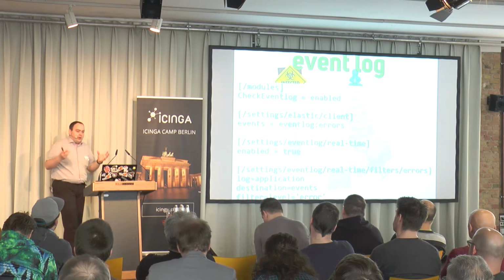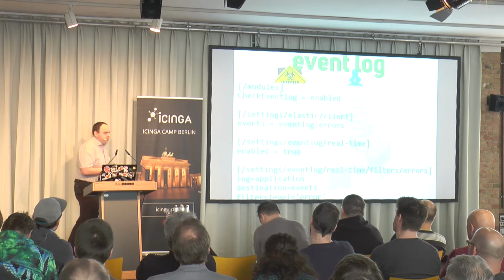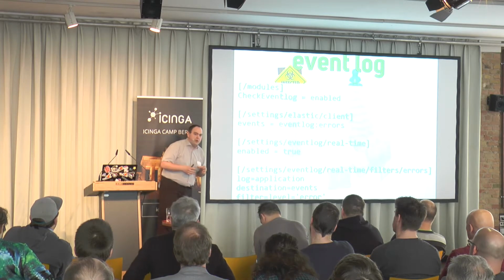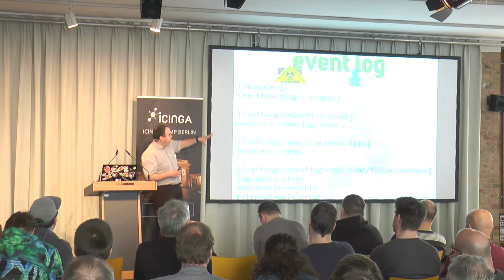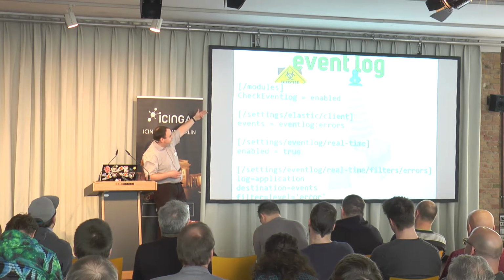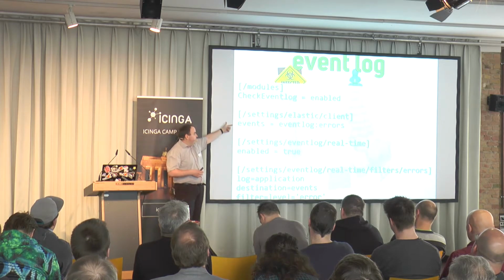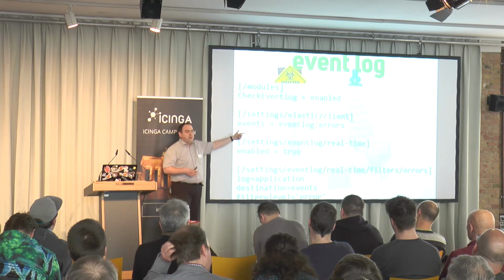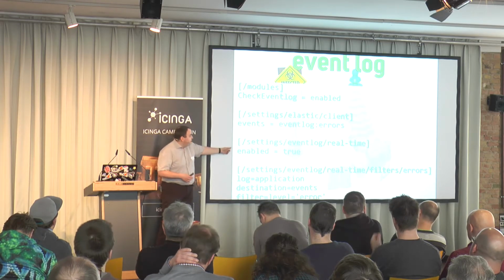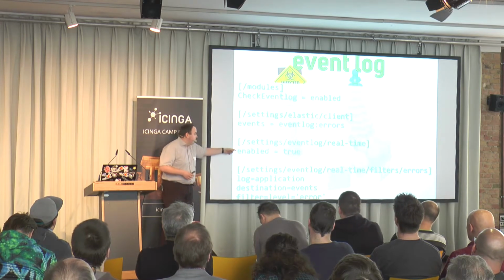In this case, we're going to have a little bit more configuration because the event log contains thousands of messages which we're not interested in, so we need to do some filtering. But in essence, we need to enable the check event log module. Then we need to say that the Elastic client is going to subscribe to our events coming from the event log. Then for some bizarre reason I've always hated, you need to enable something here.